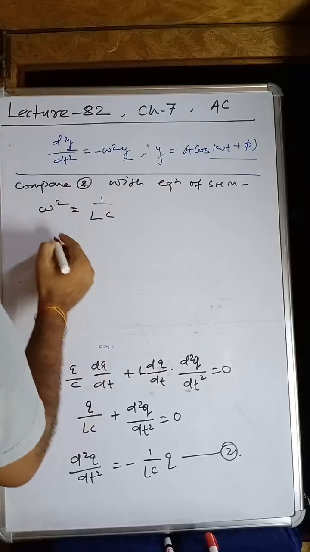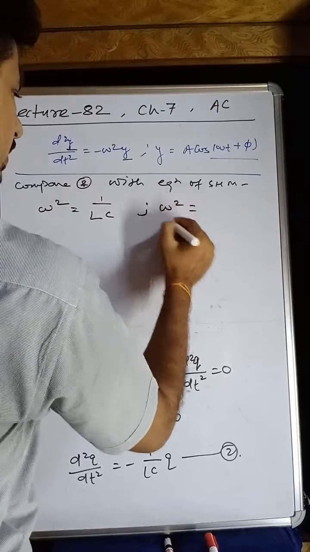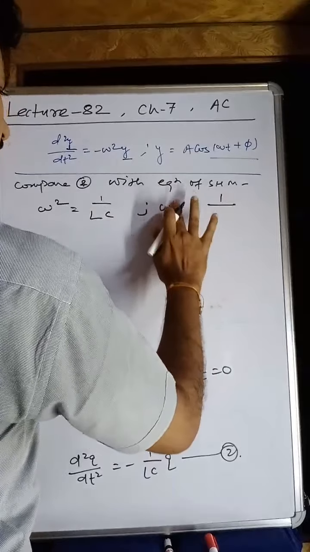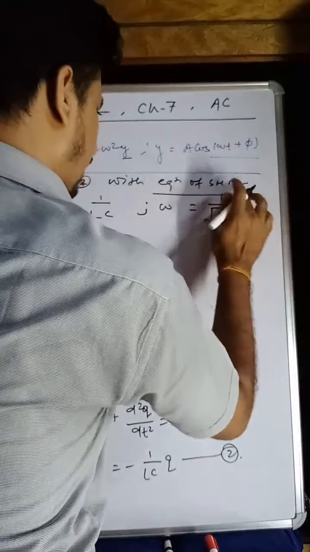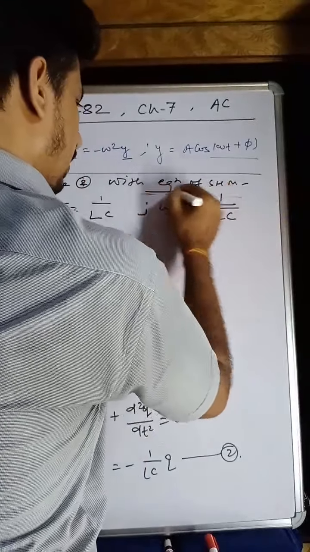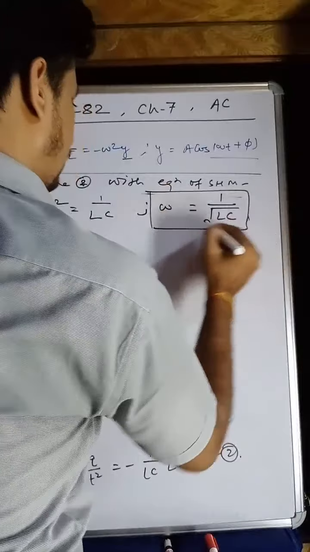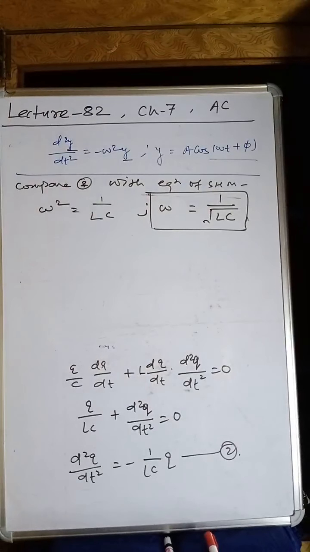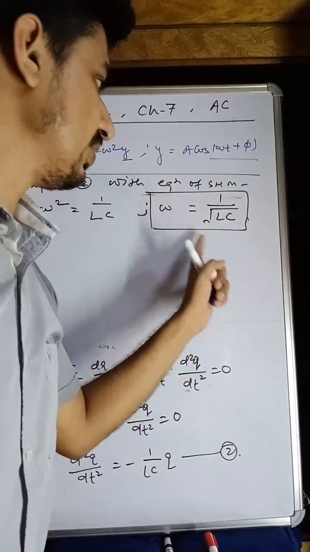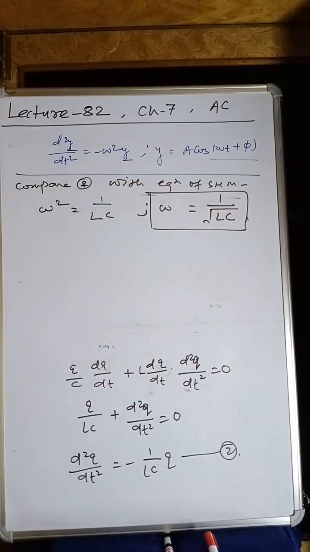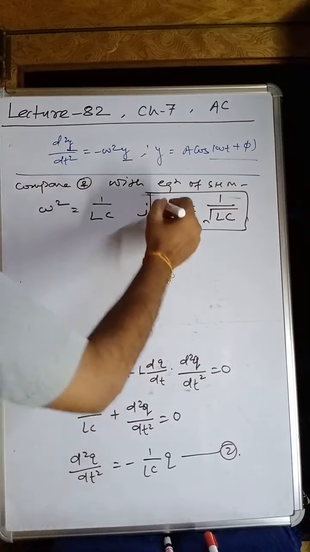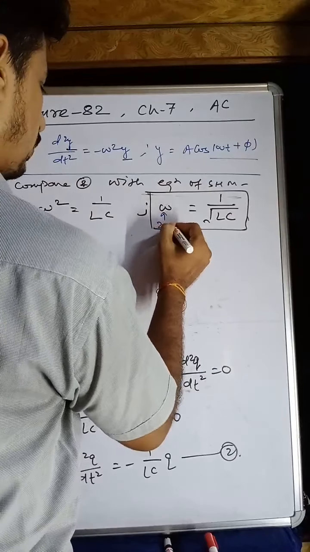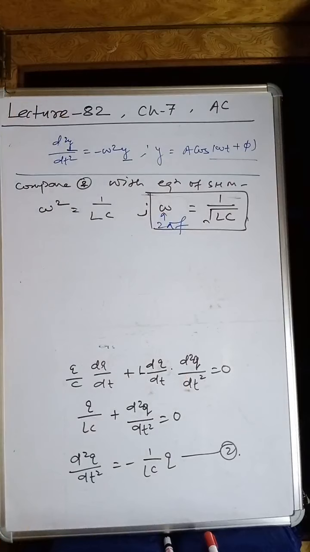So omega equals 1 over root under LC, which we have studied already. This was the frequency, do you remember? Yes, so this is the frequency of the LC oscillator. Kindly note down this equation of oscillation of the LC oscillator. You can write omega equals 2 pi f also, so you will have the linear frequency.